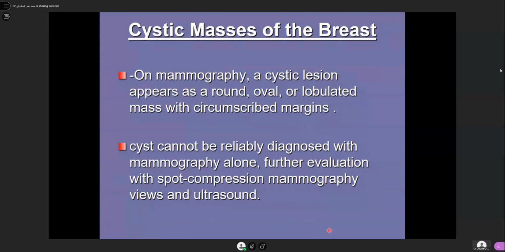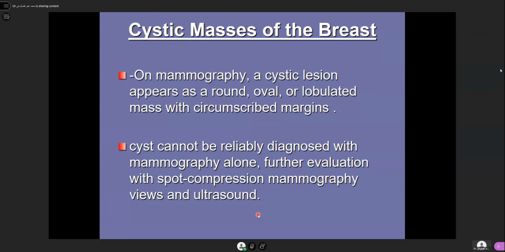Cystic masses of the breast on mammography. A cystic lesion appears as a round, oval, or lobulated mass with circumscribed margins. This cannot be reliably diagnosed with mammography alone. Further evaluation with spot compression mammography or ultrasound can confirm our diagnosis.